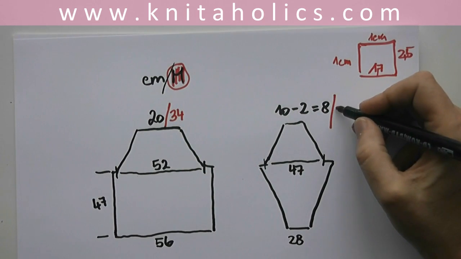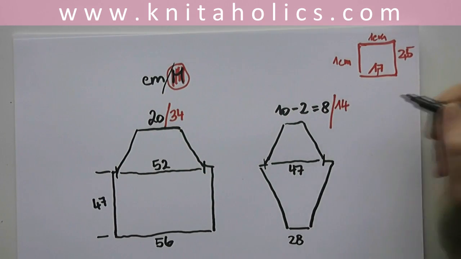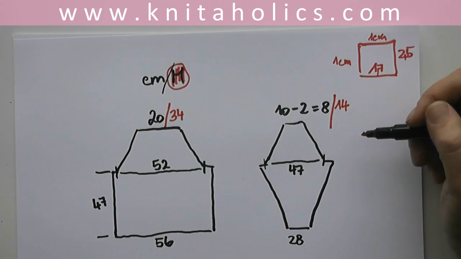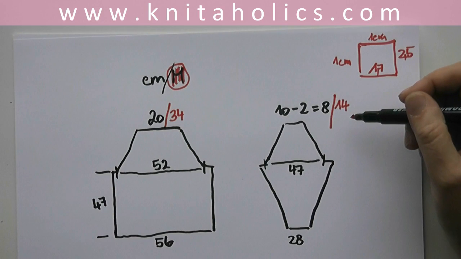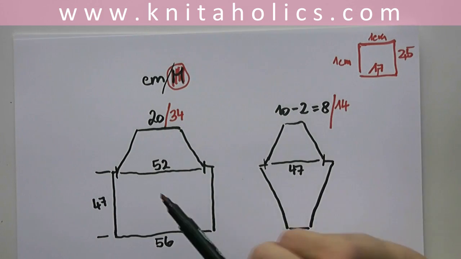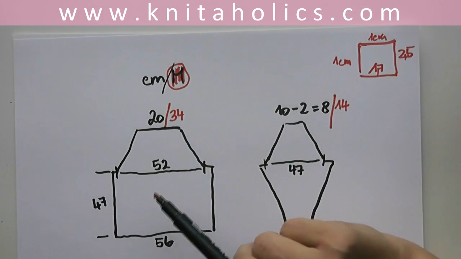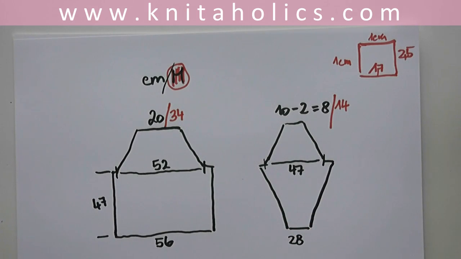I had a gauge of 17 stitches for 10 centimeters and 25 rows or rounds for 10 centimeters. So we have 34 stitches for the top of the front part, 14 stitches for the top of the sleeve, and 52 centimeters makes 88 stitches.